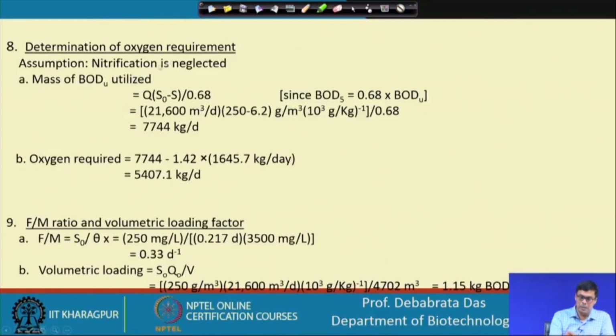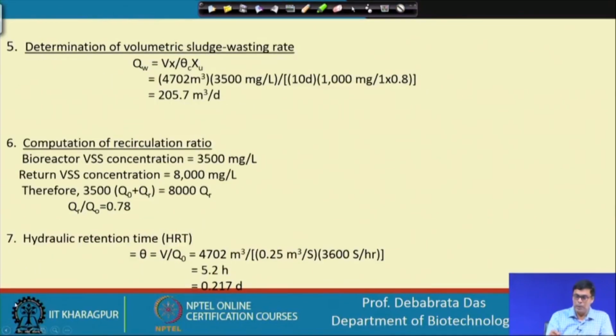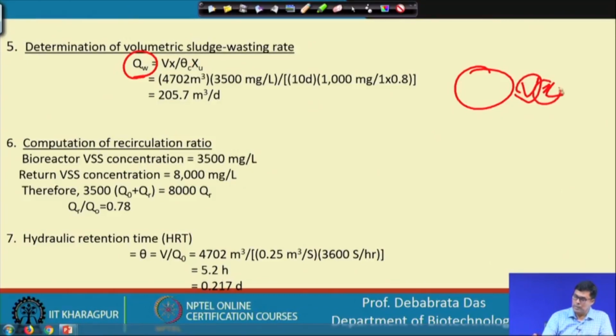We find out another important parameter, how much sludge you are wasting from the reactor. That can be found from how much sludge is present in the reactor, which is equal to V into X. V is the liquid volume, X is the cell mass concentration, and how much cell mass we are taking out of the reactor is QW into XU.